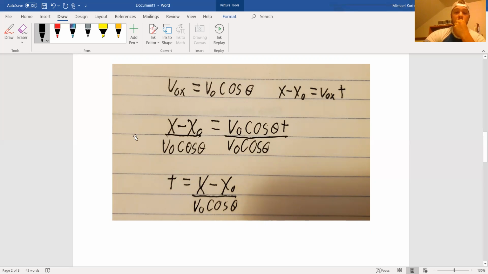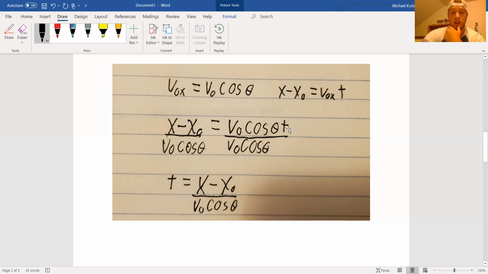So we put these together and we have our final distance in the x direction minus our initial distance in the x direction equals our initial velocity times the cosine of theta times time. So that is our final equation right there. Ignore this stuff.